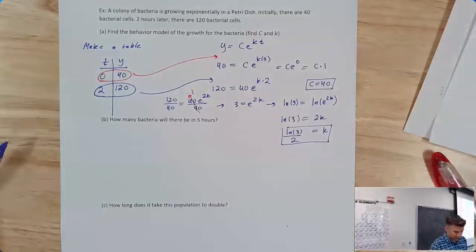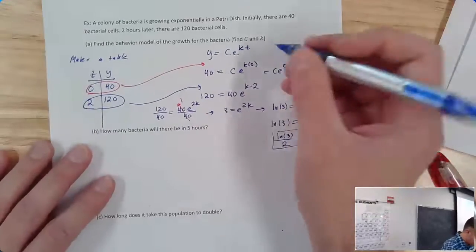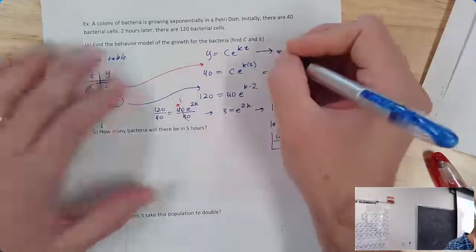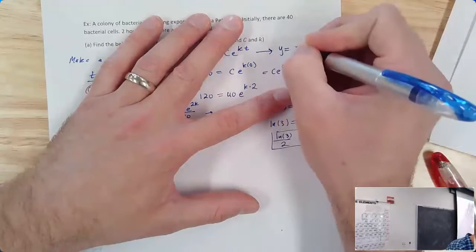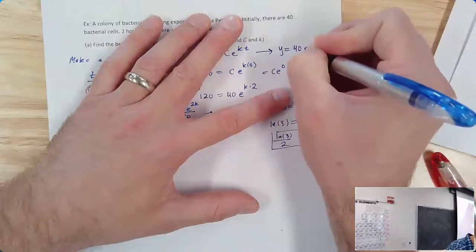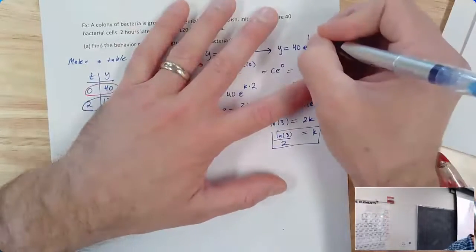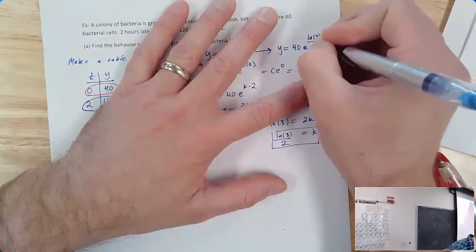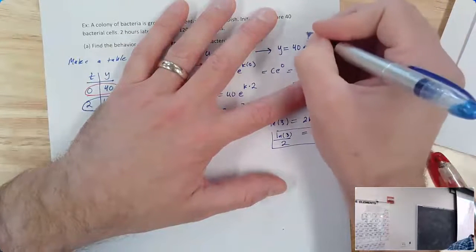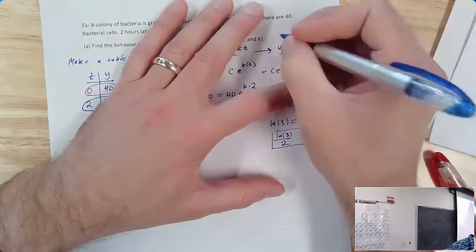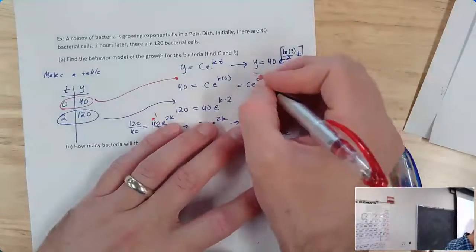So finally, plugging both of those things back into our original model, we have that our model is actually y equal to 40 e to the, it's a little bit gross to write down, but we'll say natural log of 3 over 2 times t. That's our model.